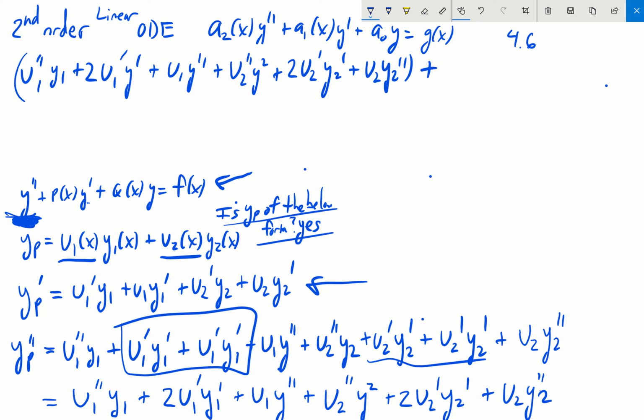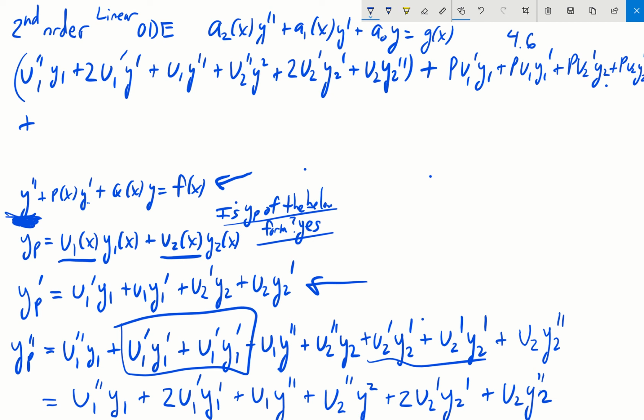So plus, we're going to have p u1 prime y1 plus p u1 y1 prime plus p u2 prime y2 plus p u2 y2 prime, plus the function q times y.